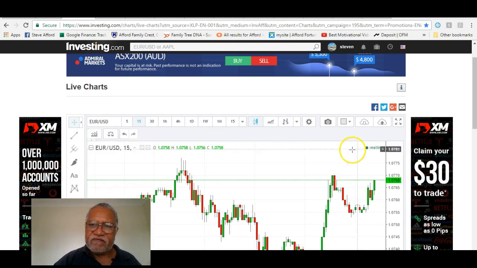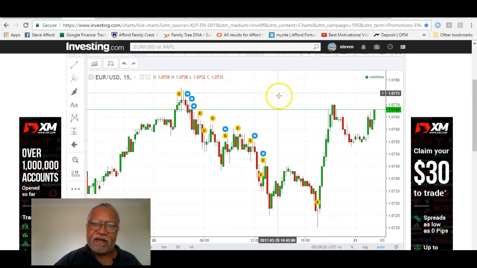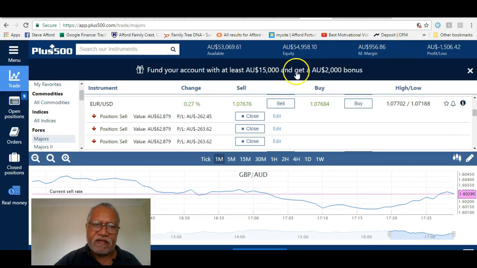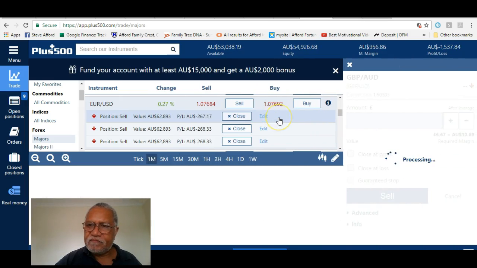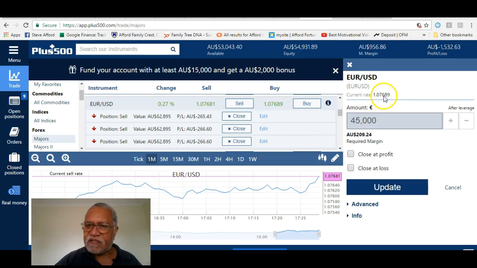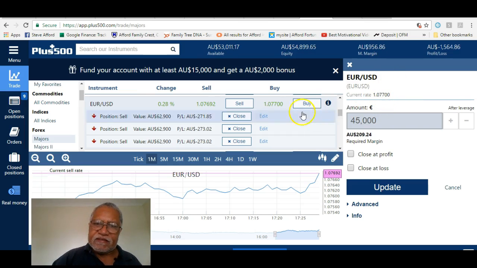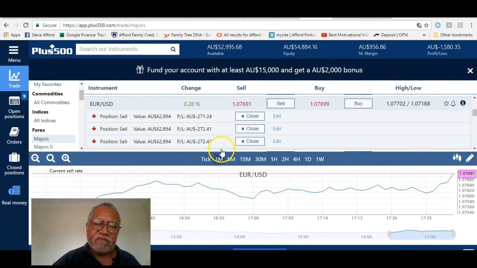And that should give us some reference to where this stock is today. Okay, now let's go back to our platform. We bought it on the sell position, and we bought it at the rate that we bought it off. Okay. Oh, here we go. Well, no, that's the current rate. Doesn't matter. What is important that you understand is you're out of money now.